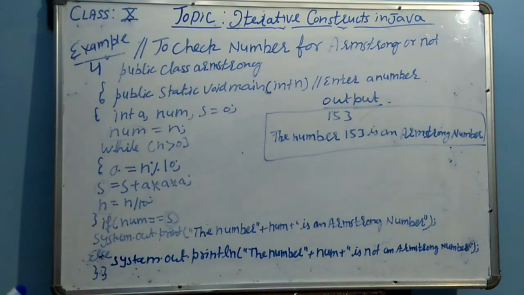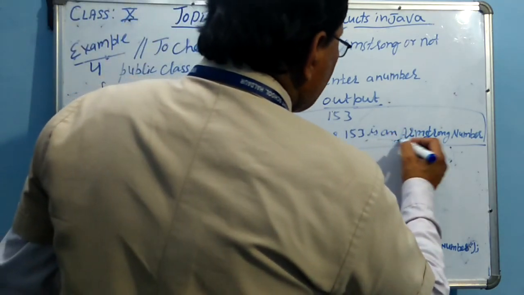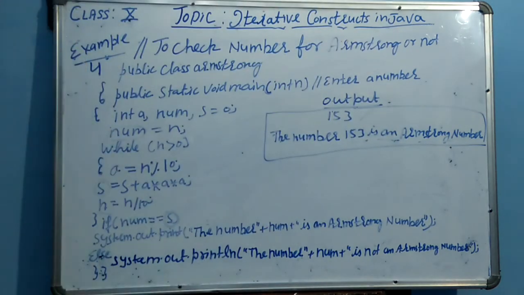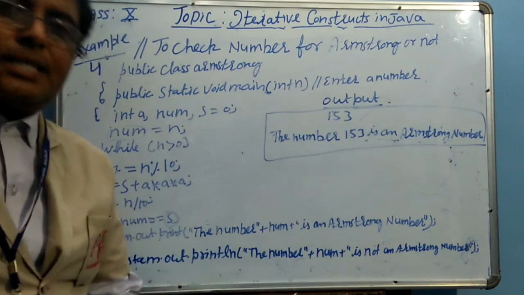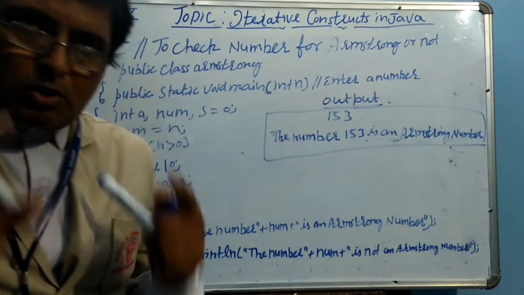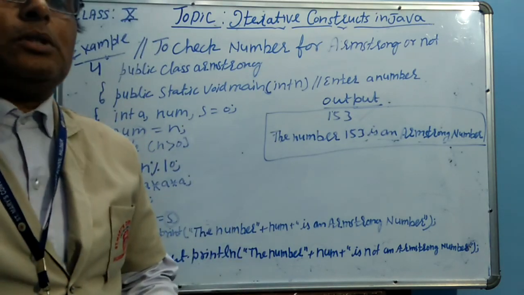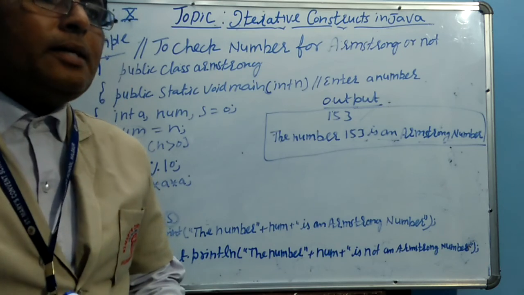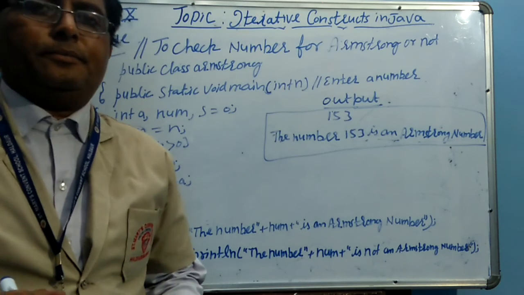Then after checking, it will display the message: the number 153 is an Armstrong number. I think through this program, all the students understand what Armstrong numbers are and how we can perform the Armstrong number check inside the program by using the logic. Okay.